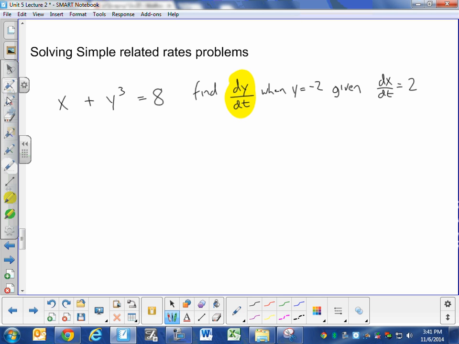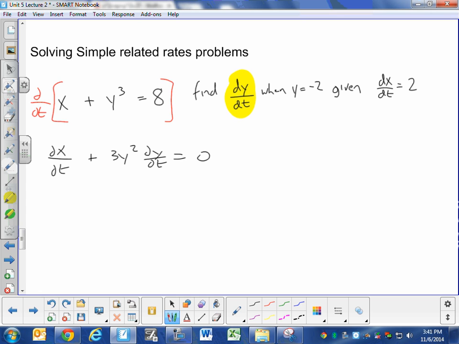The only way to produce a dy dt is to take the derivative of this with respect to t. And after doing that, I will have an equation with a dy dt. There's my equation with dy dt.